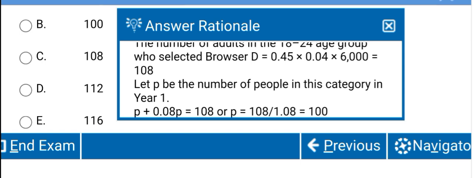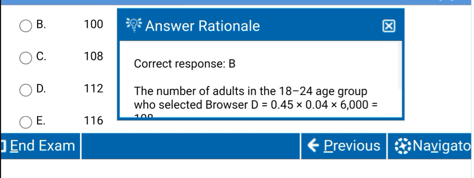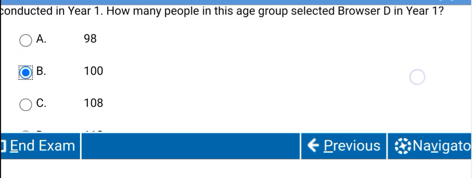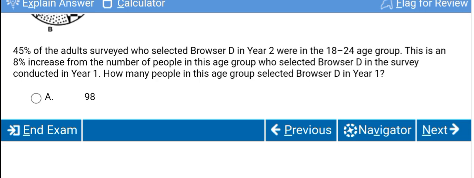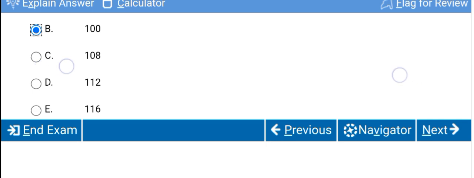P plus 0.08 P equals 108, or P equals 108 divided by 1.08 equals 100. So that's how we have the correct response is option B, which is 100. So 100 people in this age group between 18 to 24 selected browser D in year 1.